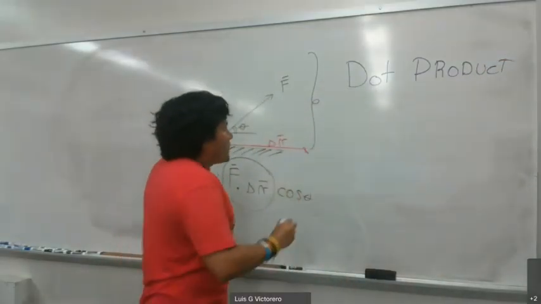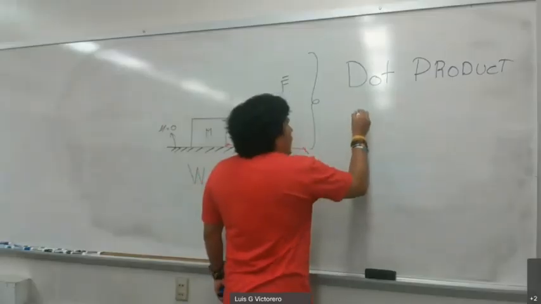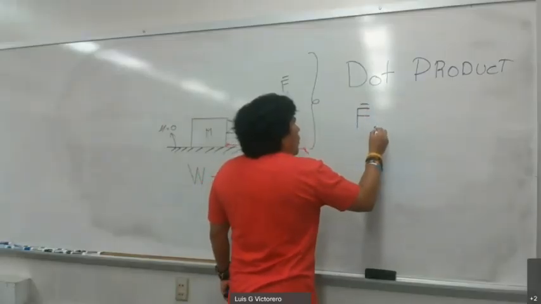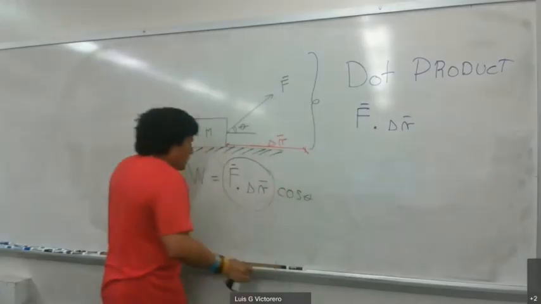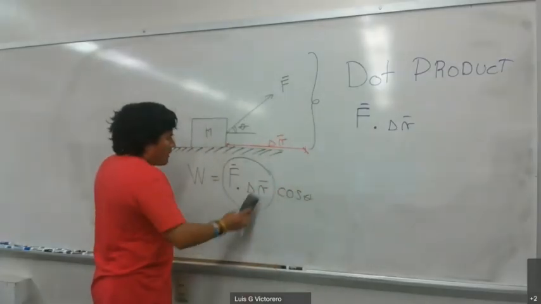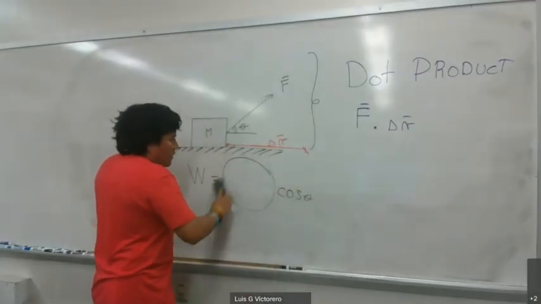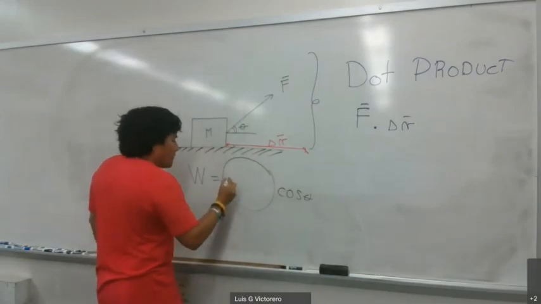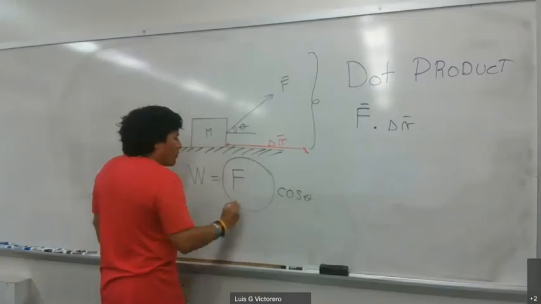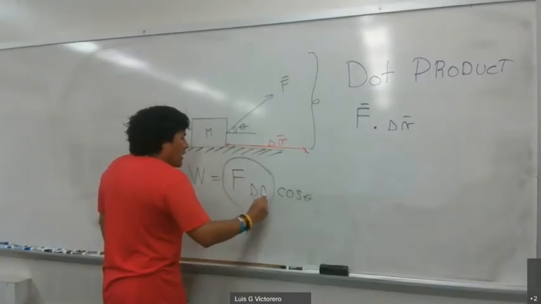Because what you have is F dot delta R, in fact, here, well, I can manipulate that, but here actually is just F, the magnitude of F, delta R.